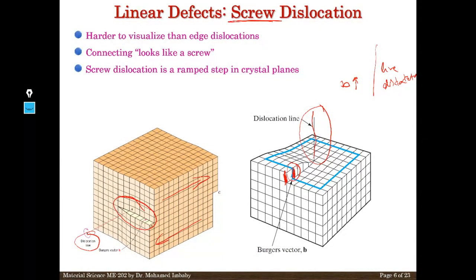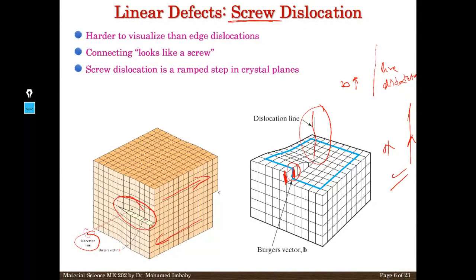What is the relation between them? What do you see? It is parallel to each other, right? Yes, it is parallel. This is important to me.